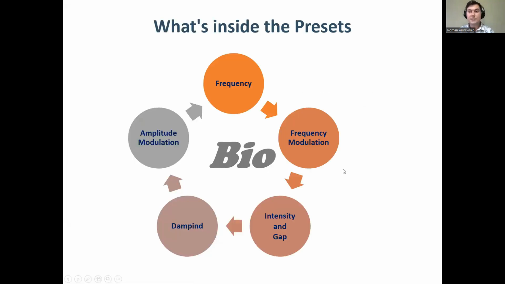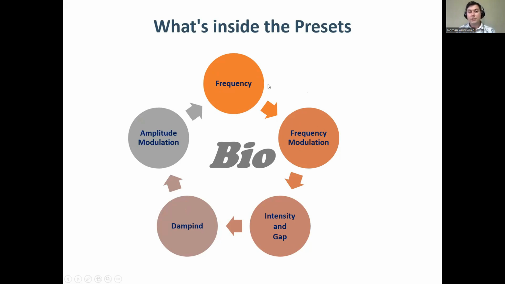So what is inside the presets? Nothing fancy. We still have the combinations of parameters that we just explained. The frequency modulation, the amplitude modulation, intensity, gap, and damping with D inside of G. This is a typo.